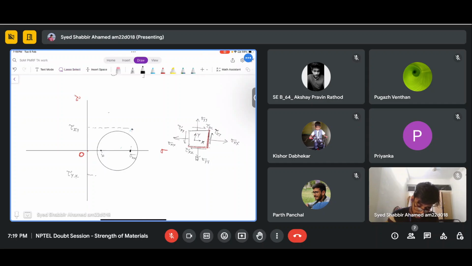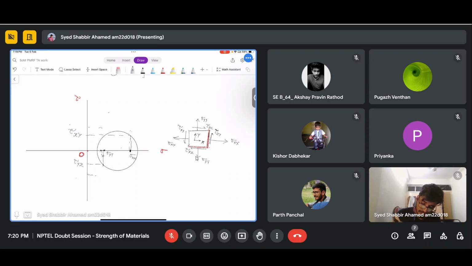Okay, so this is tau xy, and this is sigma xx, and this is tau yx.